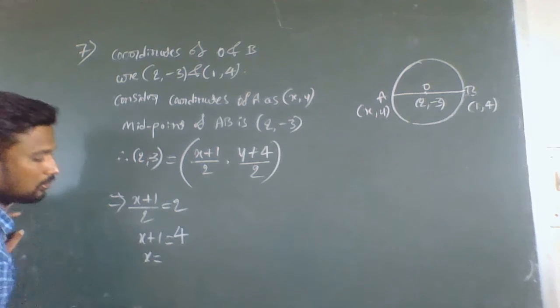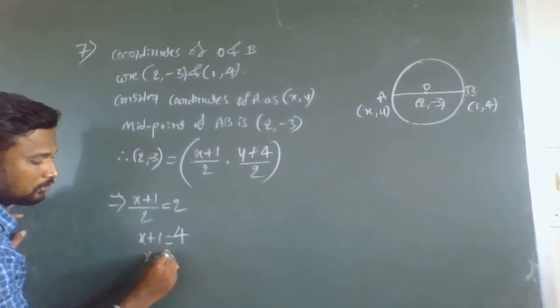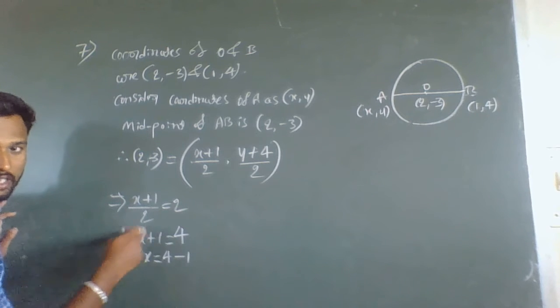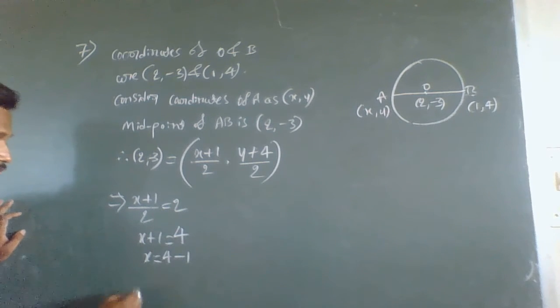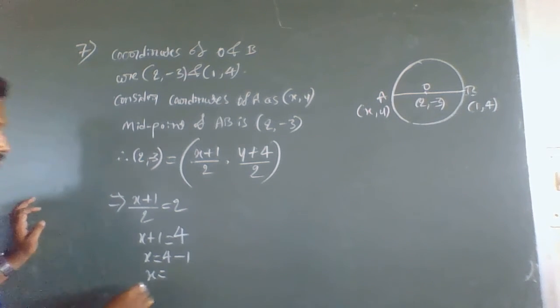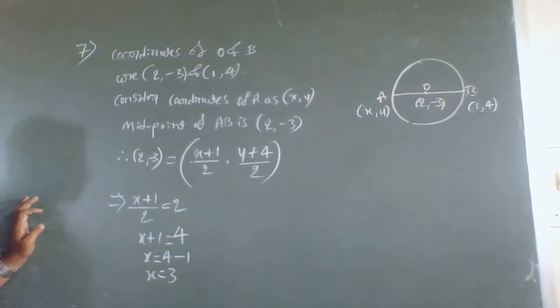Now x is equal to 4 minus 1, since moving the 1 to the right hand side makes it minus. Therefore x is equal to 4 minus 1, which is 3.